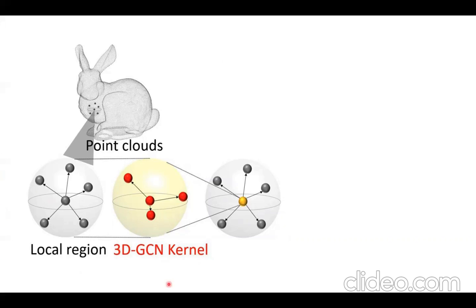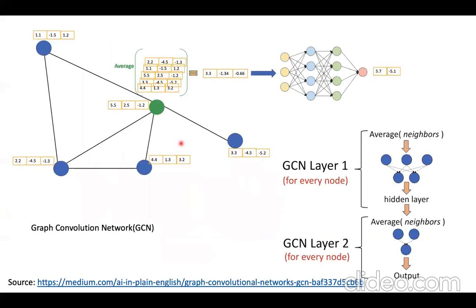Okay, let me go back to that. Okay, yeah, we have a graph here. If you see the nodes on the right-hand side and the left-hand side of the green node, they are not connected to each other. You mean to say this is not connected to this? Yeah, this is not connected to this. So this is what I meant when I said this is not a closed graph. Or not a complete graph.